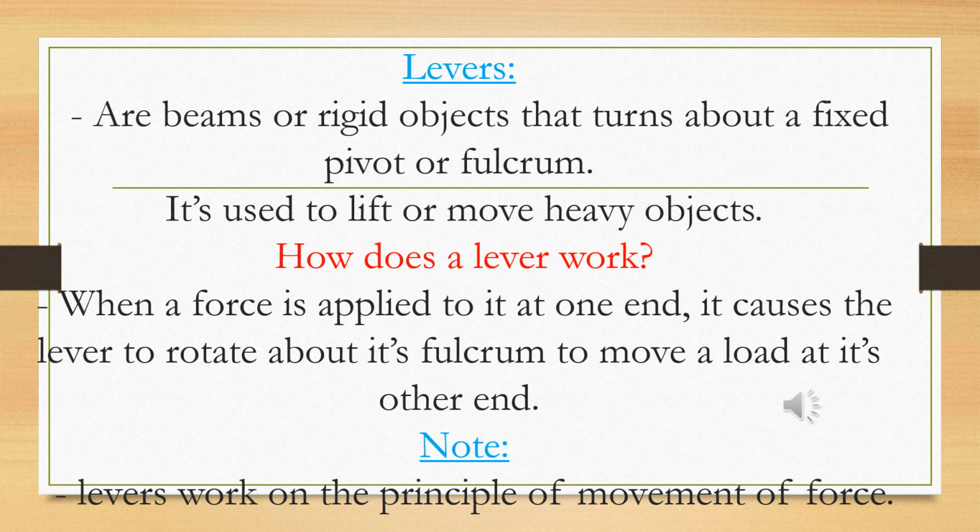A good example is a seesaw, as we shall see ahead. A lever works when a force is applied to it at one end. It causes the lever to rotate about its fulcrum, to move a load at its other end.